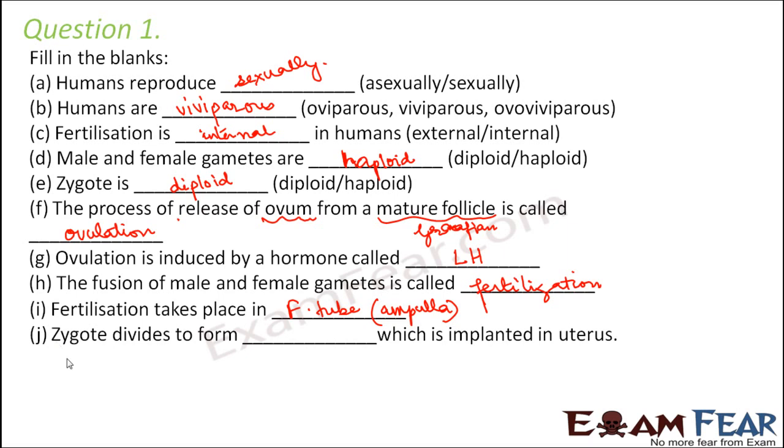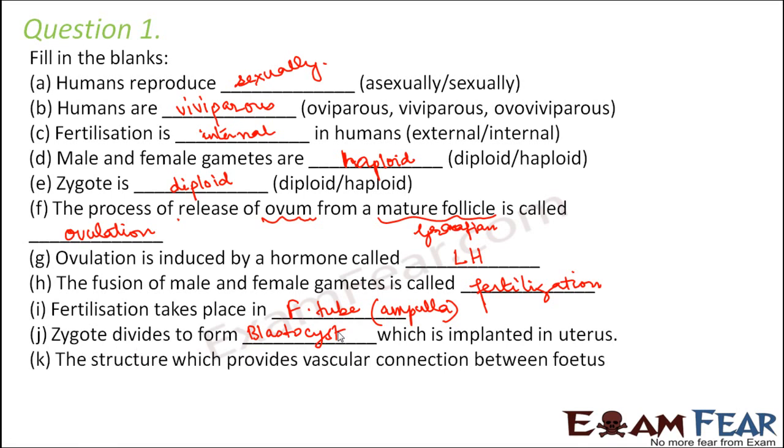So zygote initially divides to form the blastomeres, then it forms the morula, and finally it forms blastocyst, and the blastocyst gets implanted in the uterus. So it will be blastocyst. The structure which provides vascular connection between fetus and uterus is called dash. Uterus is a part of the mother's body. So basically the connection between fetus and mother is called placenta.